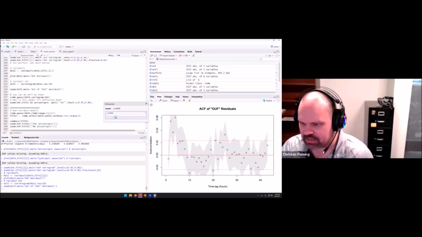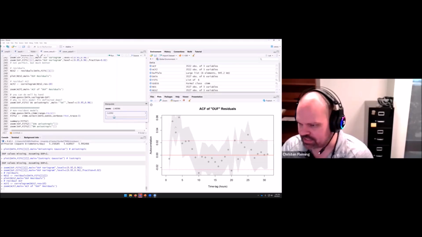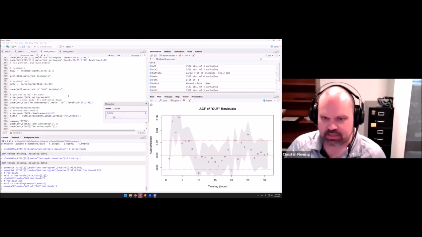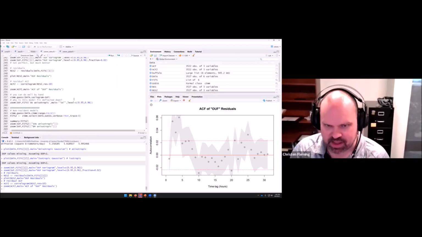There are a few time lags in the beginning where there might be a little unmodeled autocorrelation, but it's like 6%, not like 100%. And it's just a few lags. It's not like months, half a month of lags. So the improvement in the model is tremendous.